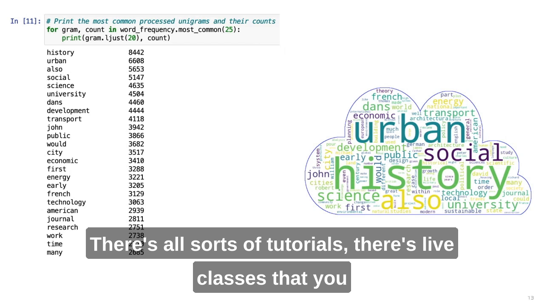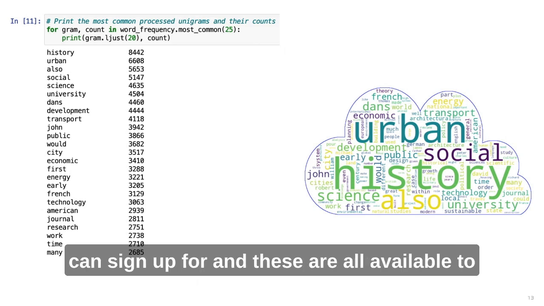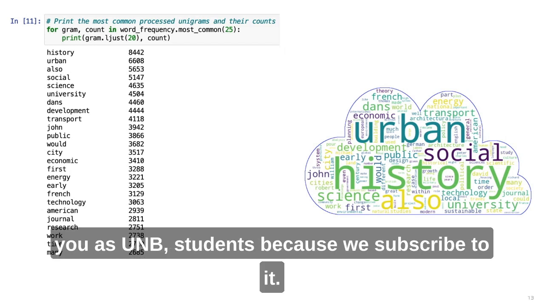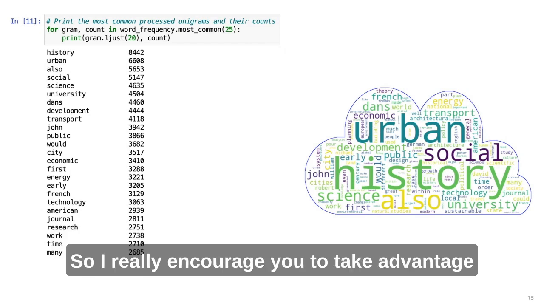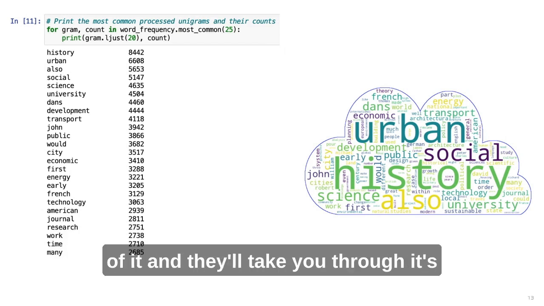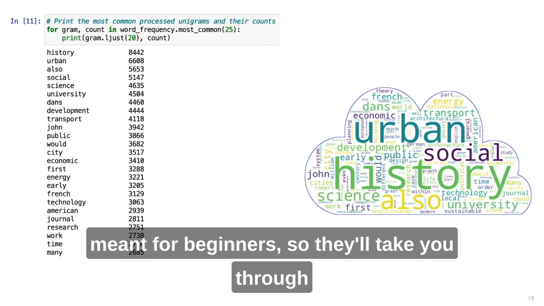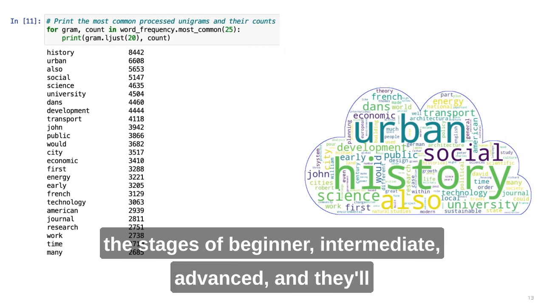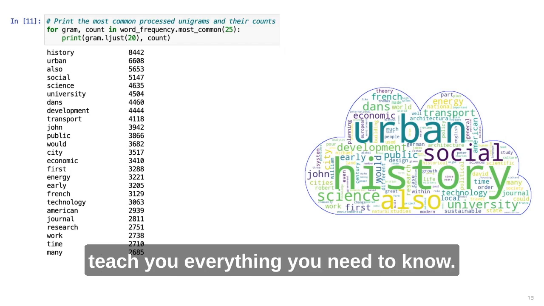There are all sorts of tutorials and live classes that you can sign up for, and these are all available to you as UNB students because we subscribe to it. I really encourage you to take advantage of it. It's meant for beginners, so they'll take you through the stages of beginner, intermediate, and advanced, and teach you everything you need to know.